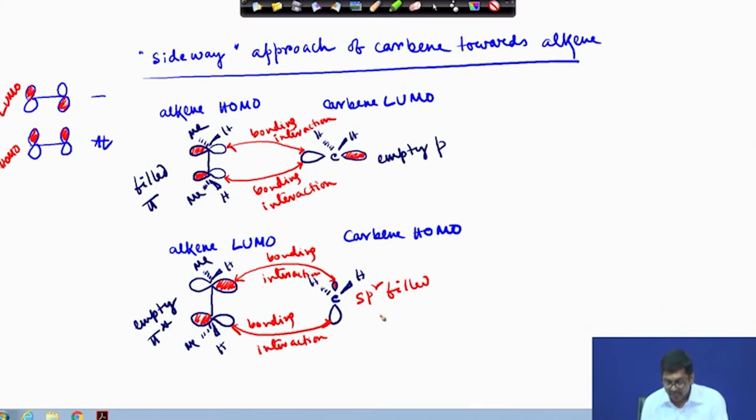Okay. So, here we have taken the sp2 filled orbital and this is the empty pi star orbital, and this has been considered as alkene LUMO, and this sp2 filled, that is the carbene HOMO. So, in this case both the sideway approaches are actually giving the interpretation of how these carbenes are reacting with the alkenes.